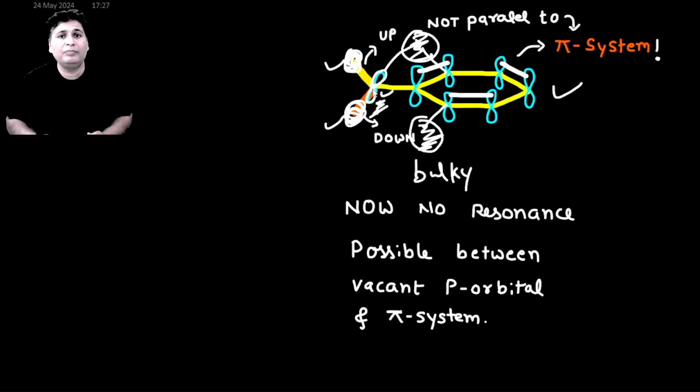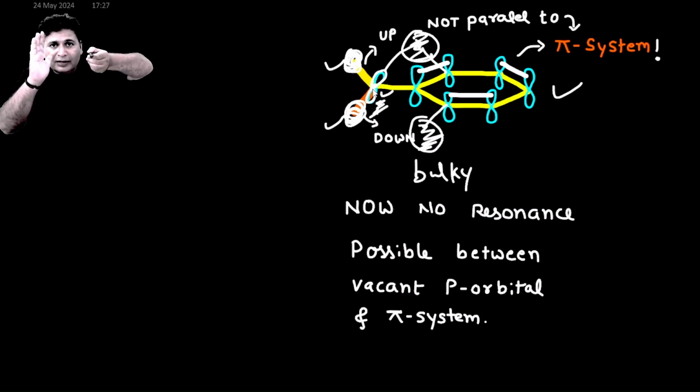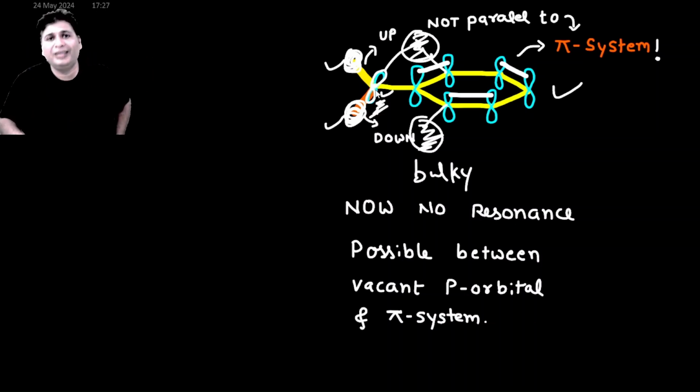It cannot make the pi bond now, because to be in conjugation, to avail resonance, the orbitals should be parallel to each other. But to avoid repulsion, as the carbocation turns its plane, the vacant p orbital also turns perpendicular to the pi system, and there is no more conjugation.